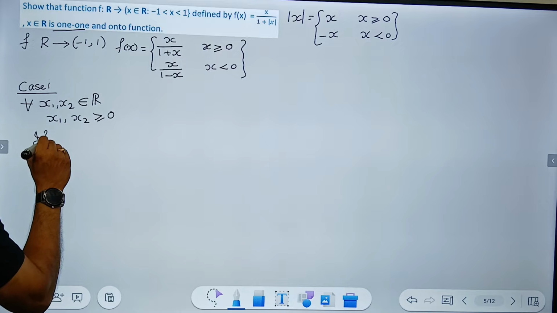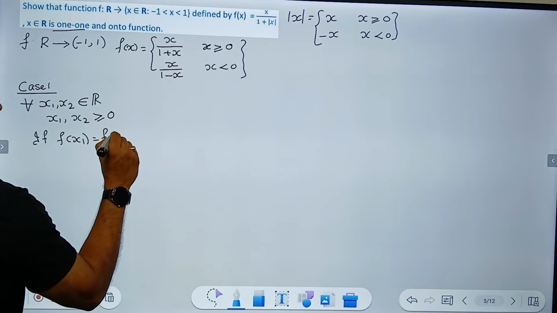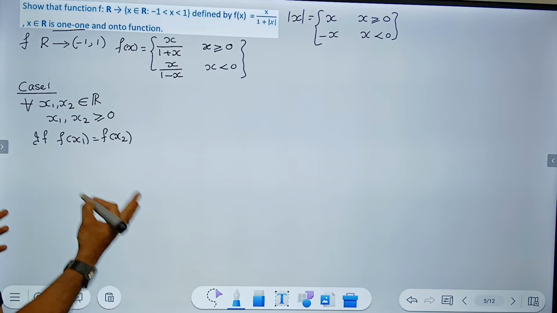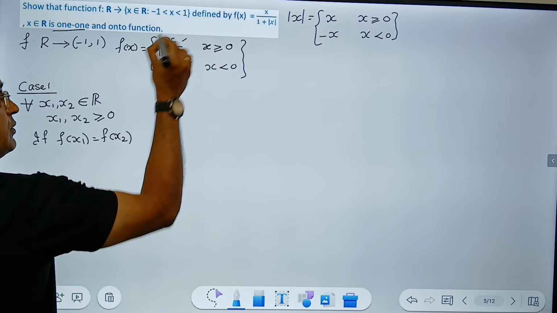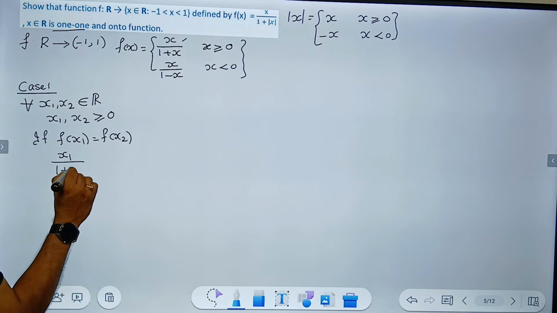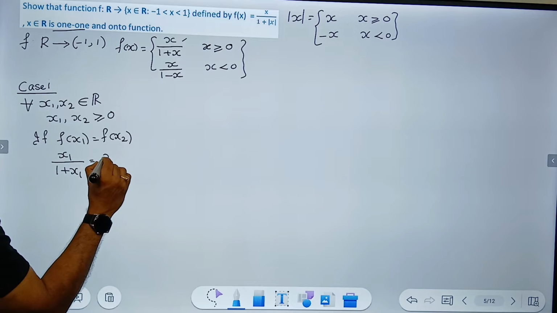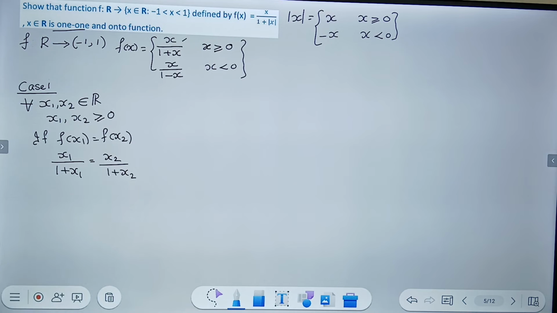If f of x1 equals f of x2, what is f of x1? Since it is positive, I have to use this definition. So it will be x1 by 1 plus x1 equal to x2 by 1 plus x2. Correct?